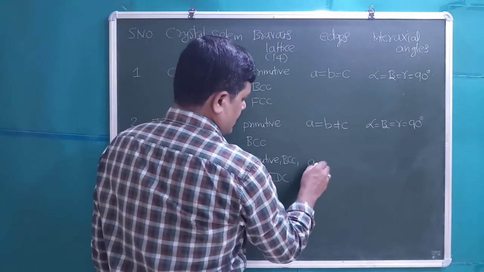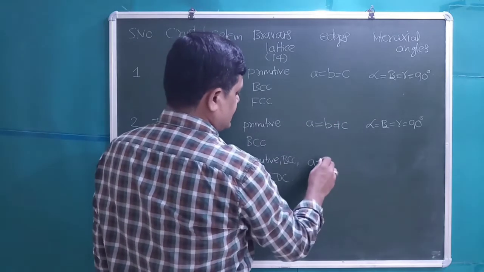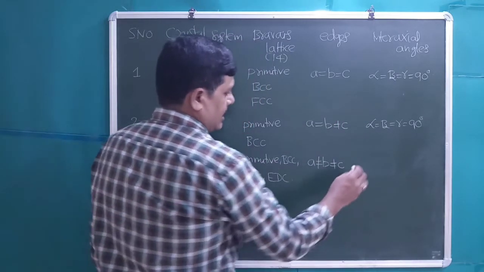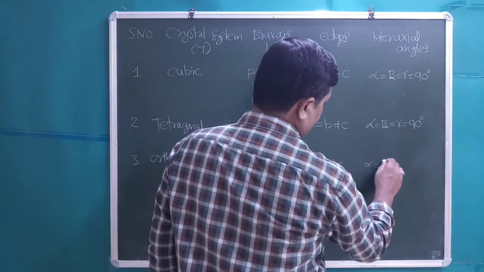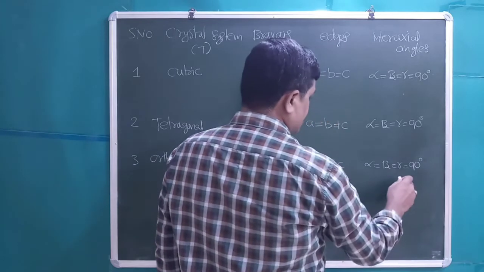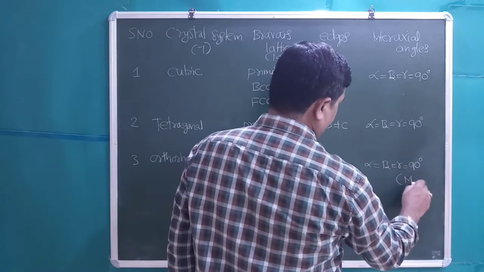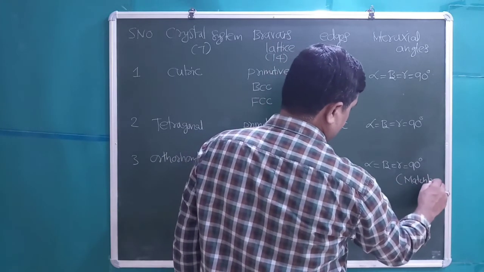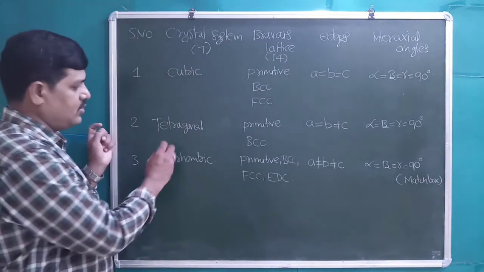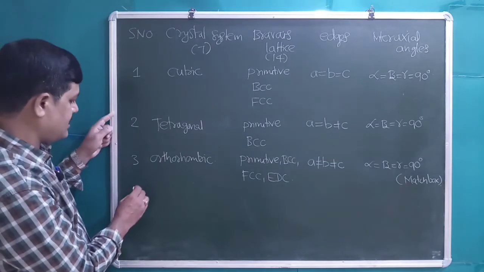Here the relation between edges is A not equal to B not equal to C, and alpha is equal to beta is equal to gamma is equal to 90 degrees. Best example for this is a matchbox. Matchbox is a best example for the orthorhombic unit cell or crystal system, right?